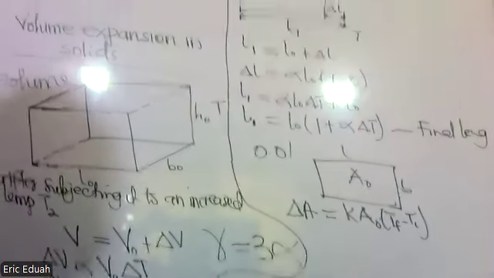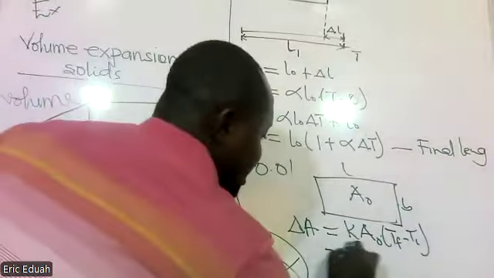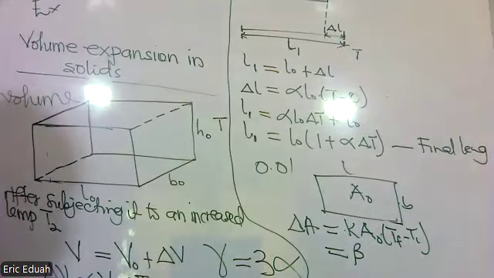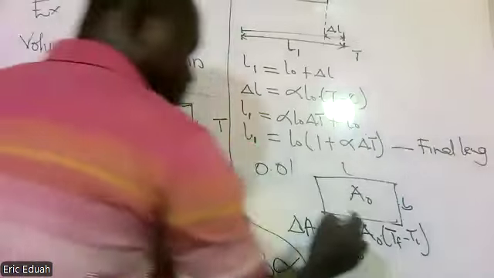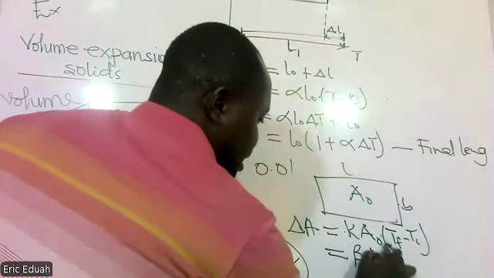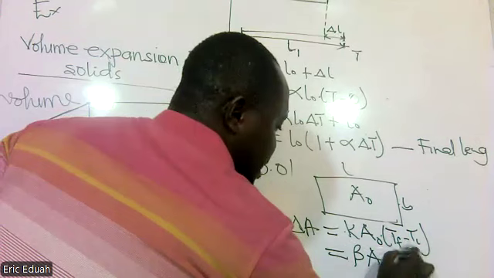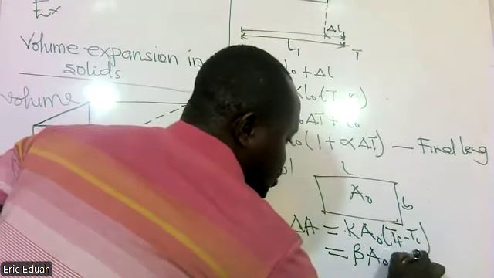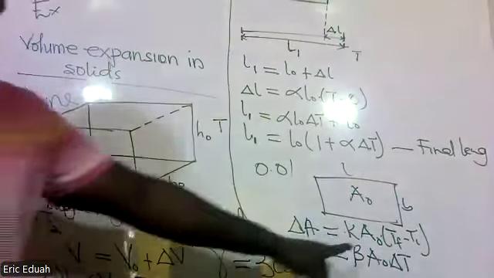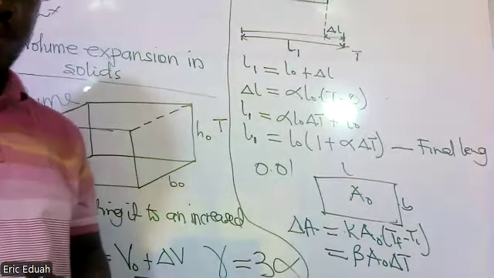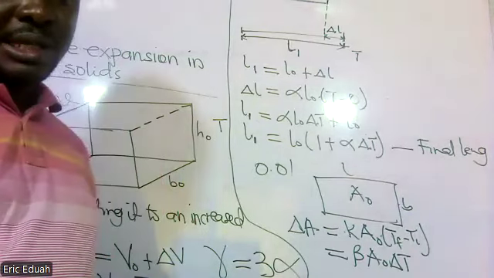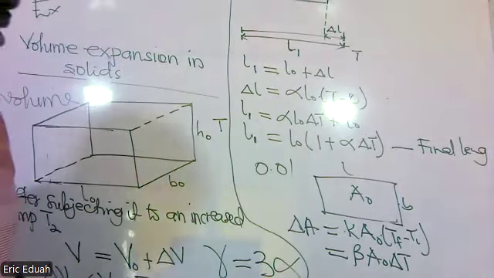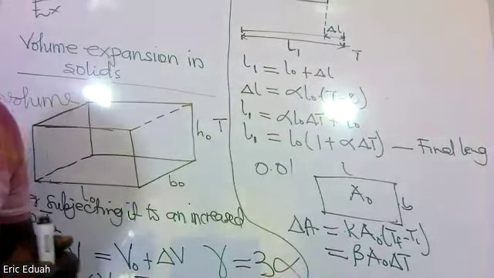We realize that the constant of proportionality is the coefficient of area expansion beta. So the change in area is equal to beta A naught times delta T. So please, this is always a change in temperature, final minus the initial. Don't make the mistake of taking it as just T. Okay, we'll be solving questions.